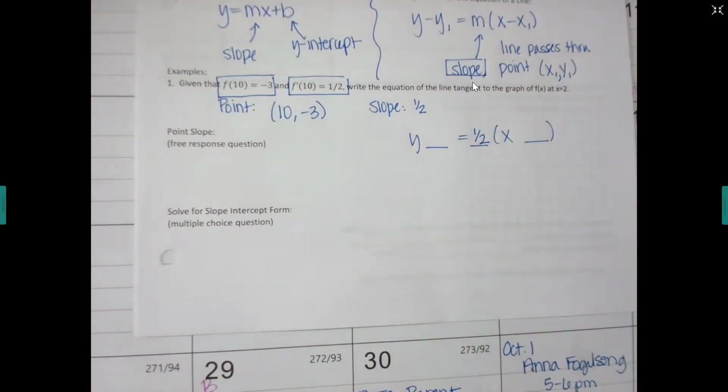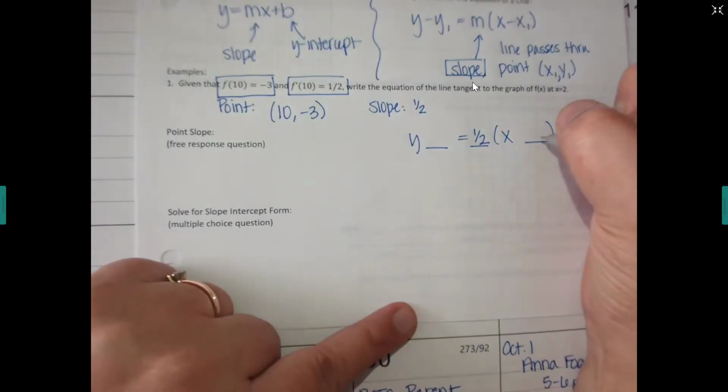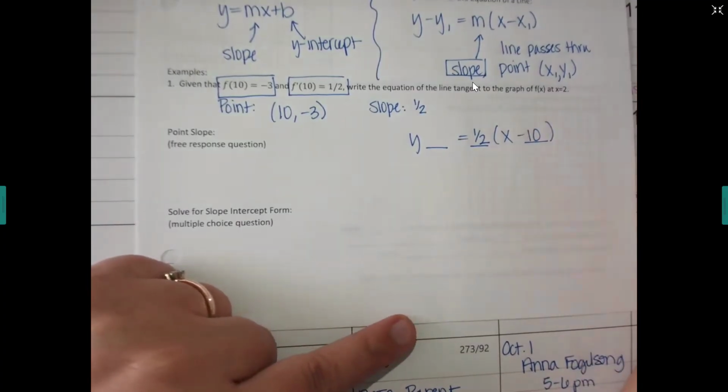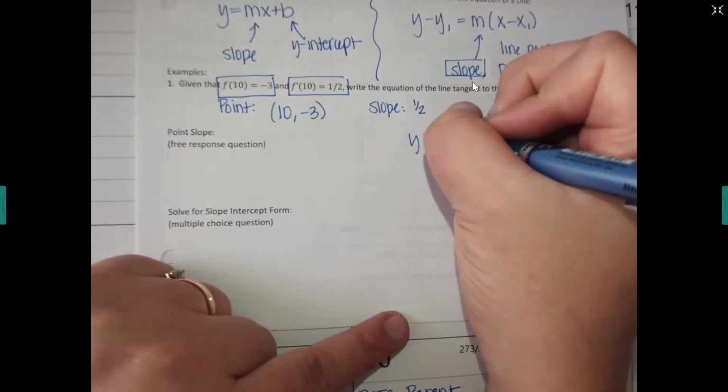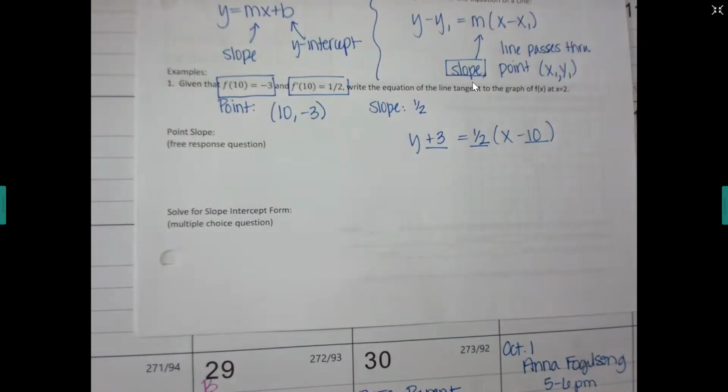And then because your x1 and your y1 have negatives built into the formula, you're going to have to switch the sign when you plug them in. So what I mean by that is if my x is a 10, I'm going to put a minus 10 here because it's part of the formula. Okay, then my y is a -3, but a minus a -3 would switch it to a +3. And then that's the equation of the tangent line.